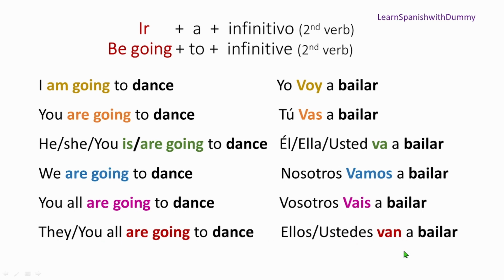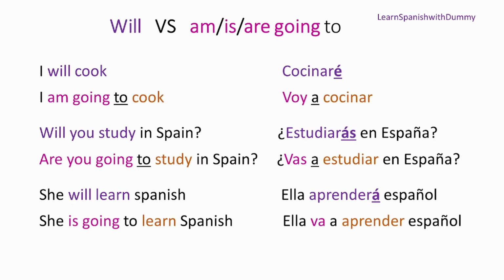Perfect. So we learned how to make this kind of sentence. Now we are going to compare both future tenses: the pure future tense, that's I will, and the other future, I'm going to, and how we do it in Spanish. Here I have not put the pronoun in most situations because it's not necessary. If you say I will cook, that's cocinaré.